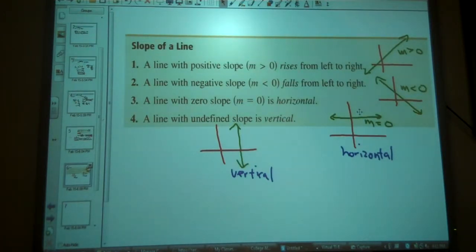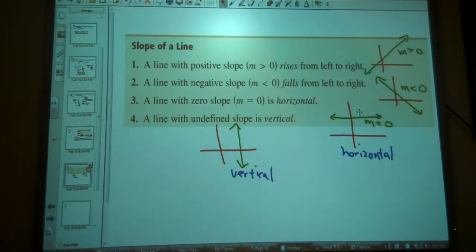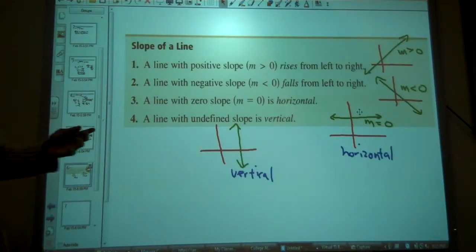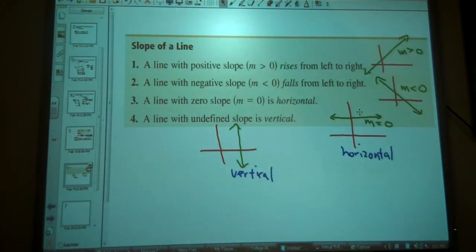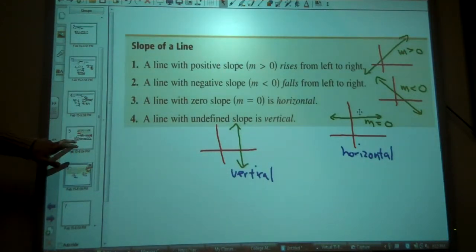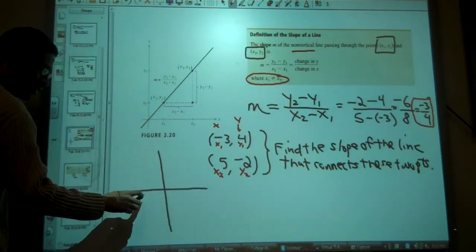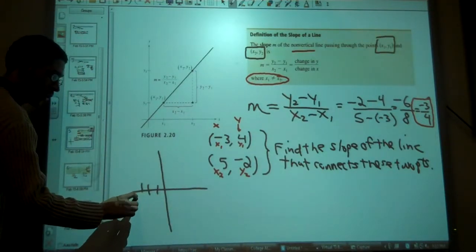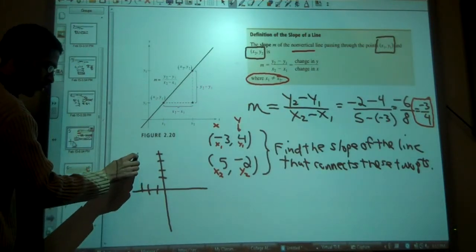So in our example, the 2 points that I chose, we had a negative slope. It was negative 3/4. When we go to graph the line, it should fall from left to right if we were to graph the line that connects those 2 points. Let's go back. 1, 2, 3, negative 3. 1, 2, 3, 4. Negative 3, 4 is here.